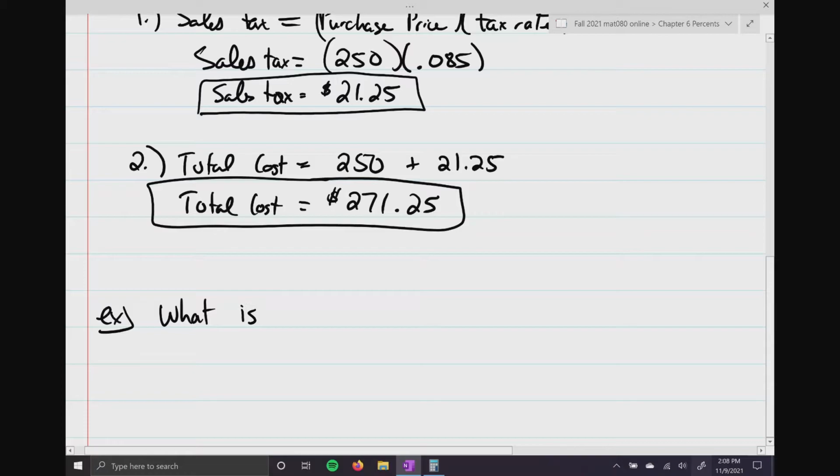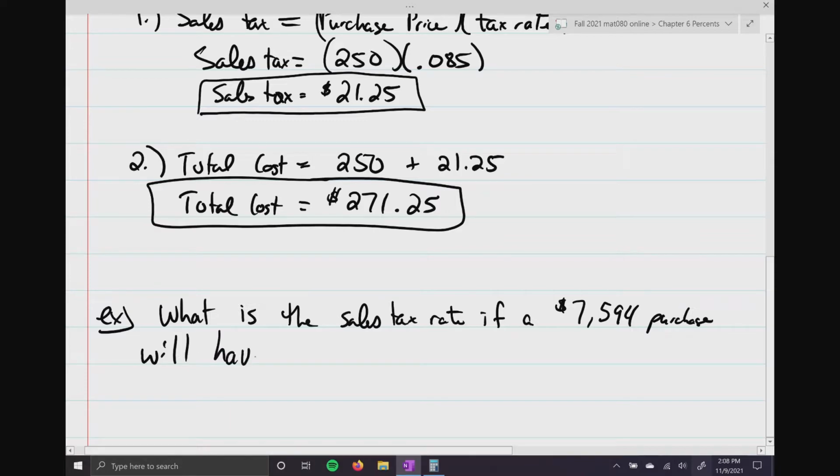Okay? Now, sometimes we may ask for a problem like this. What is the sales tax rate if a $7,594 purchase will have $569.55 of sales tax?